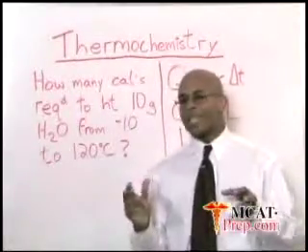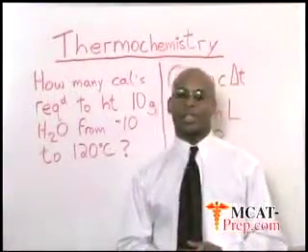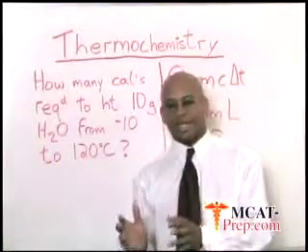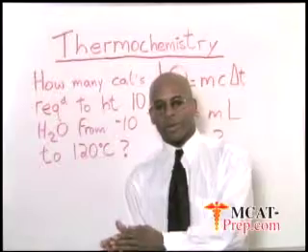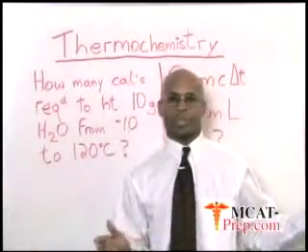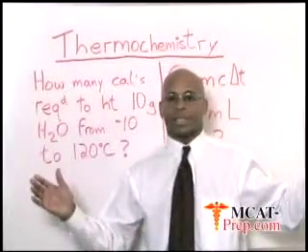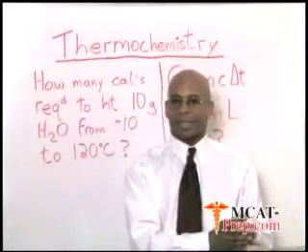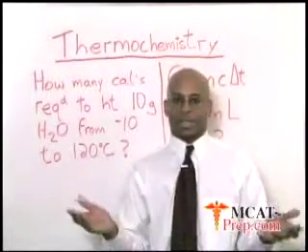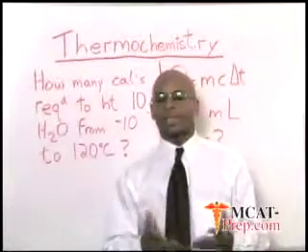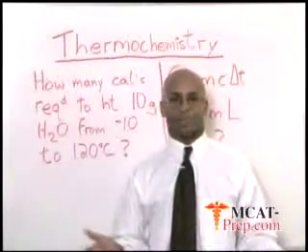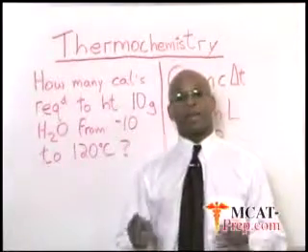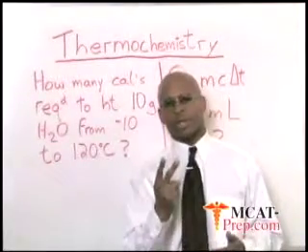Now, there might be a temptation to use Q is equal to MC delta T, thinking that the delta T will take us from minus 10 degrees all the way up to 120 degrees. So we just take delta T, well, that's 130. And M is the mass, so that's 10, we're given that. And C is some constant that they'll give us. Fine, except that's not how it works, because you changed phases twice.